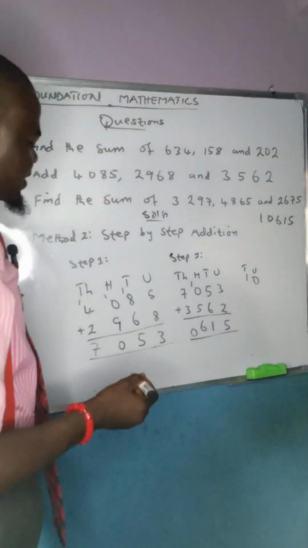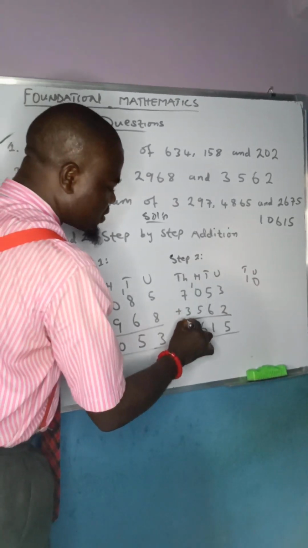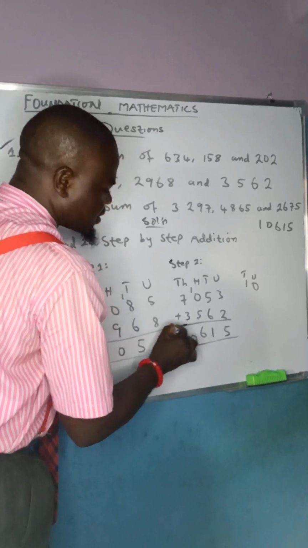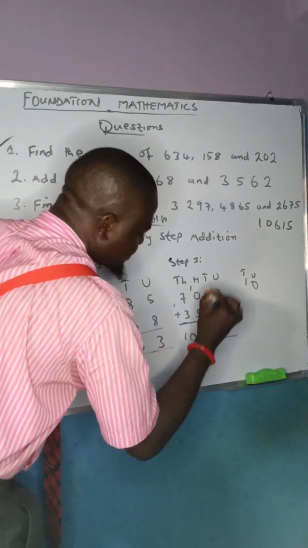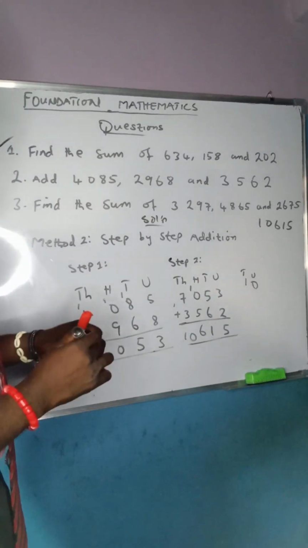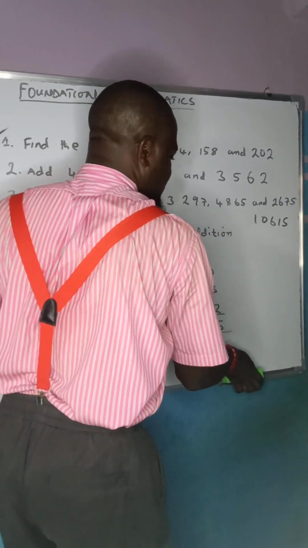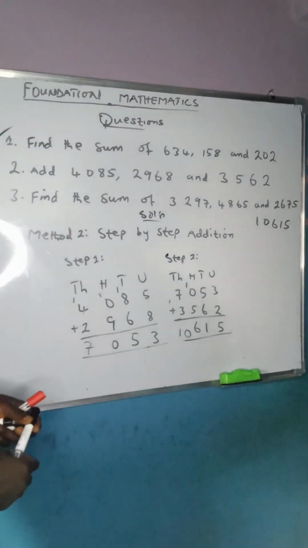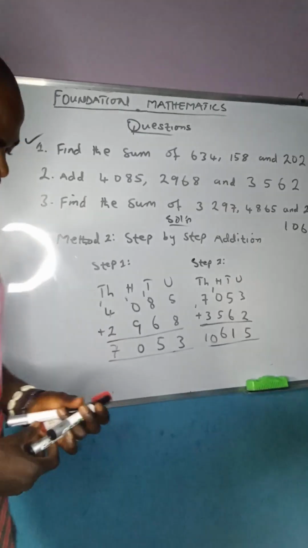Then the tens that I carry, you see that I create another line or put it on what? On the plus. That is the tens I carry, which is here. So what is left for me to do is to now bring them together. Step by step addition, so that when you are done, you bring it together for a better understanding.